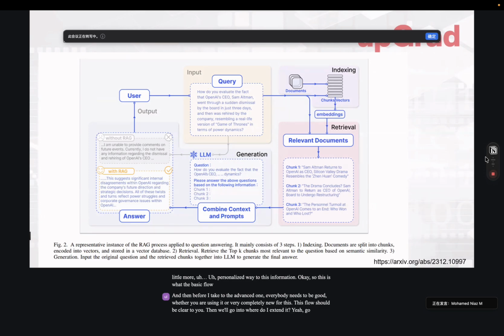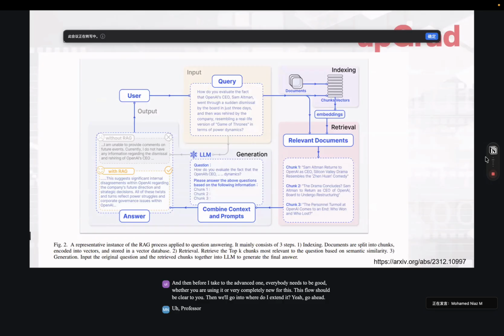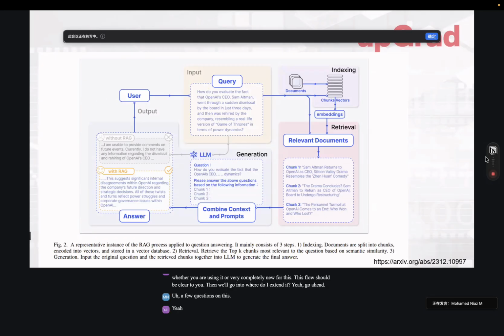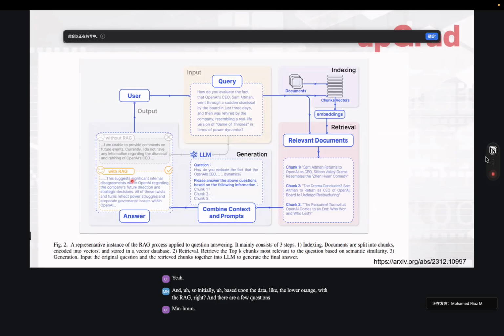Go ahead. Professor, a few questions on this. Initially, based upon the data, like the lower orange part with the RAG, there are a few questions fed during the time of generation, even before the user query. Is that correct? Is this some kind of semantic information gathering?